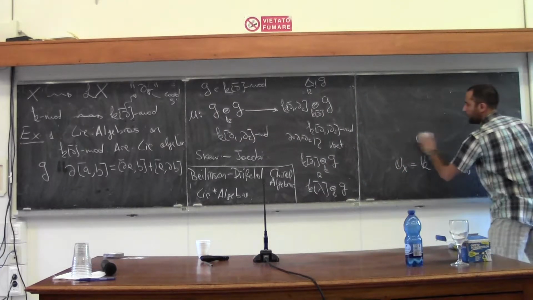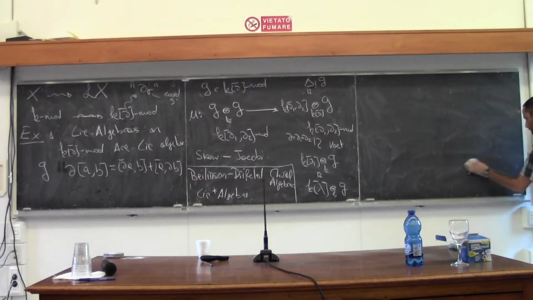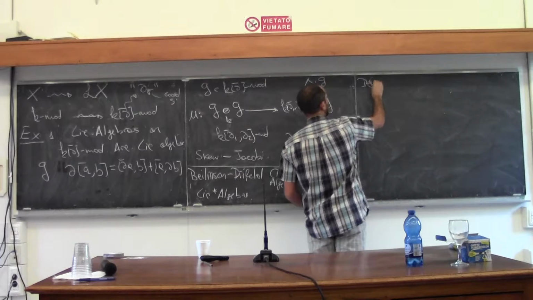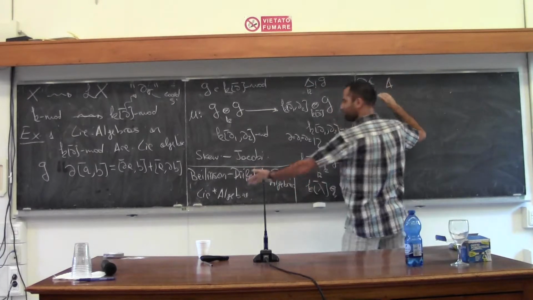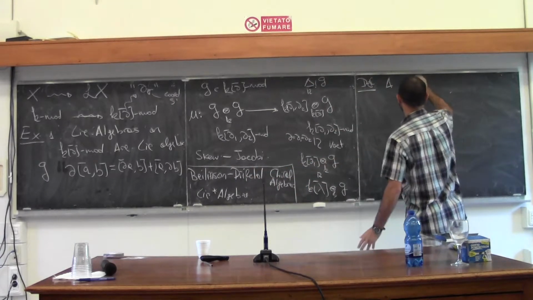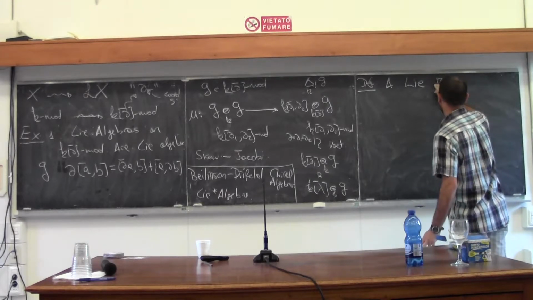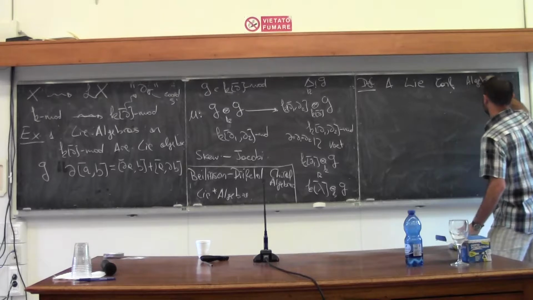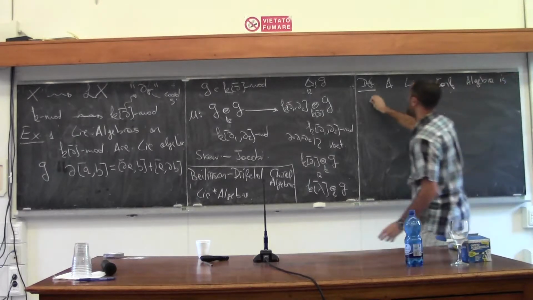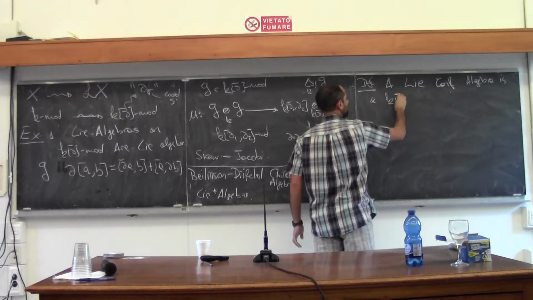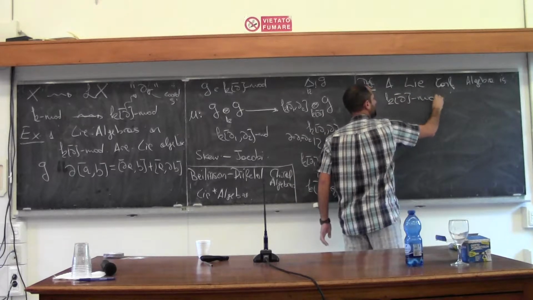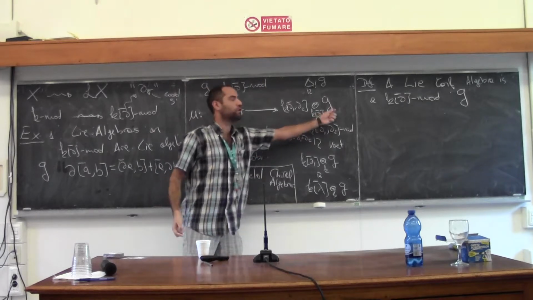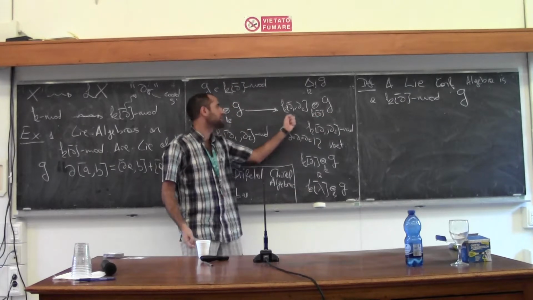Okay. But now I'm going to give the description just in terms of vector spaces, and we're going to give explicit examples. So definition: a Lie conformal algebra, so now this is Kac's notation, is a K[del]-module G. So I'm keeping the del acting on G, and I'm going to keep the lambda to be this del 1.